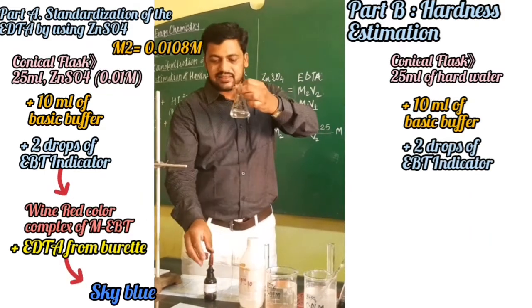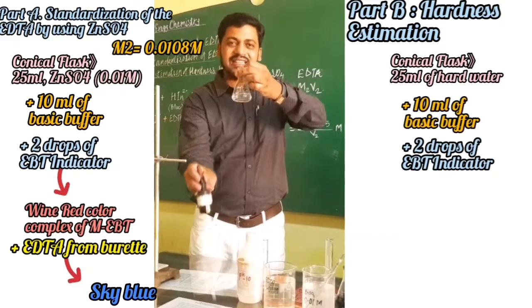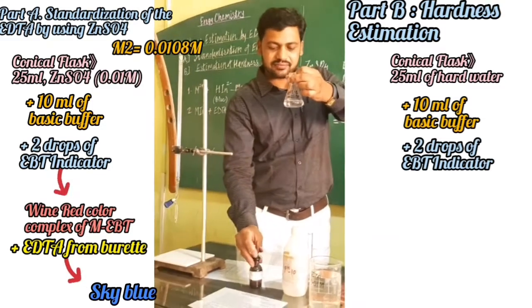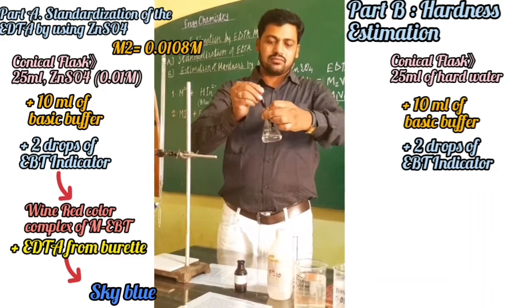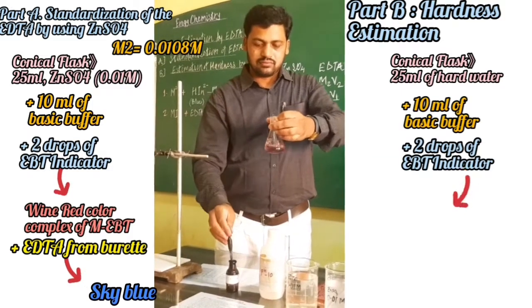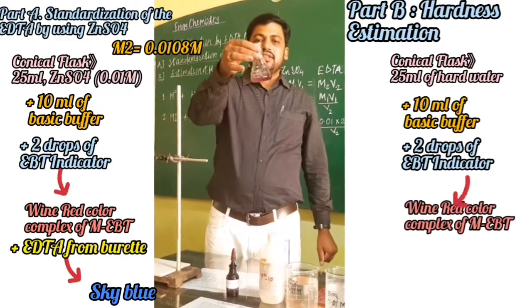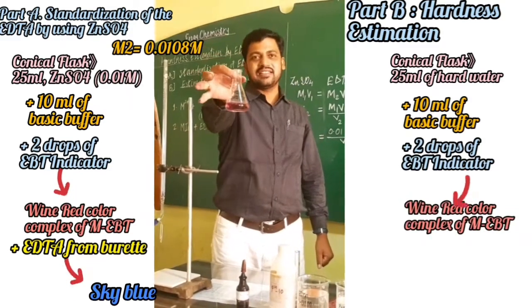After that, same as in the standardization, we add Eriochrome Black T as an indicator. Again we got the wine red color.